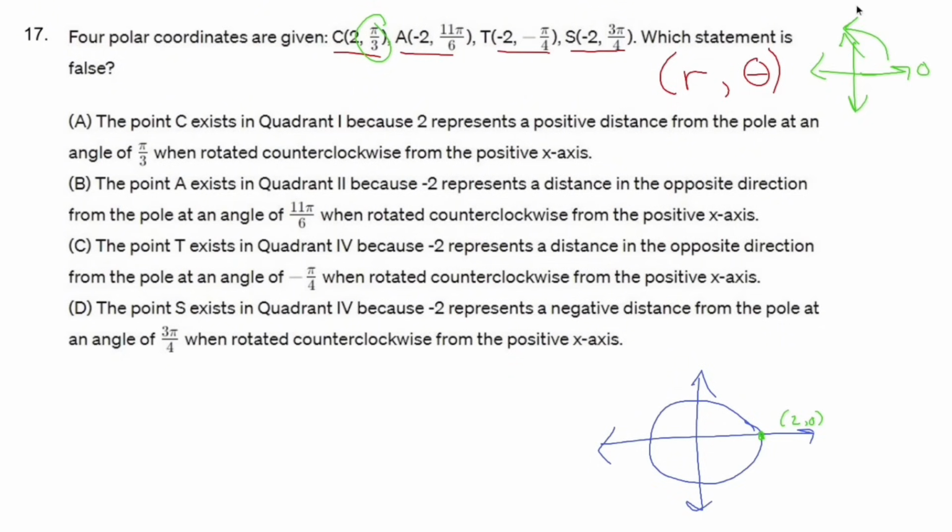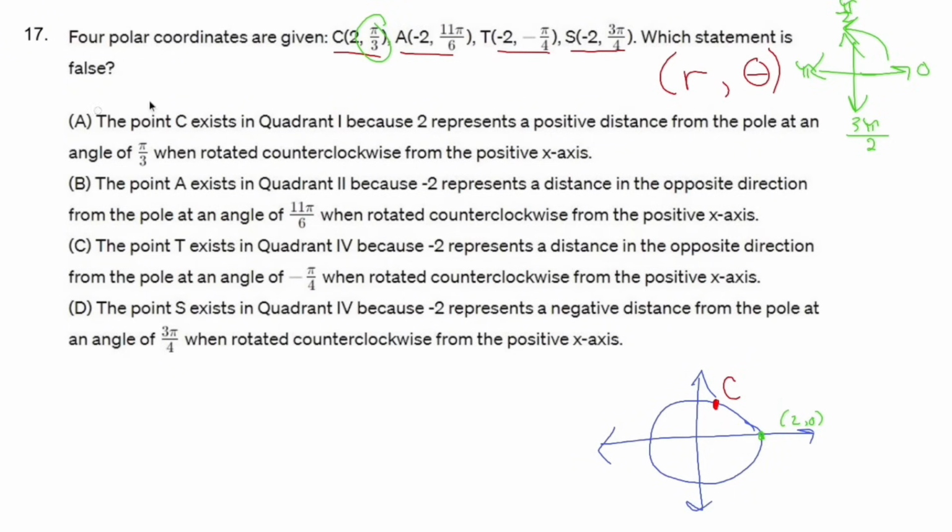You're at 0, like a normal unit circle, then pi over 2, pi, 3 pi over 2. So without being perfect, if I go in the direction of pi over 3 and put a dot 2 units away from the pole, I'm going to have a point right around here. I'll call you C. Okay, so that's where C is going to be.